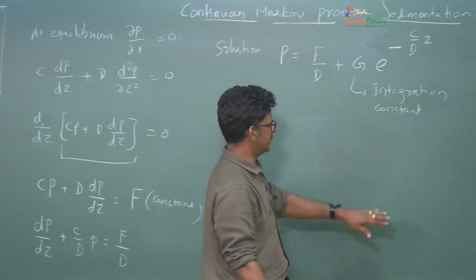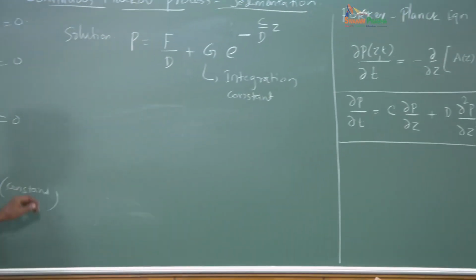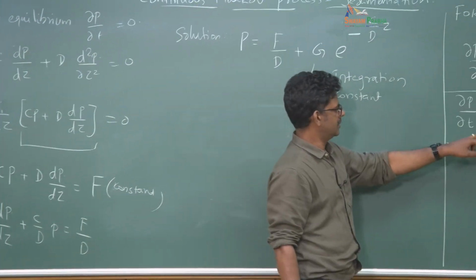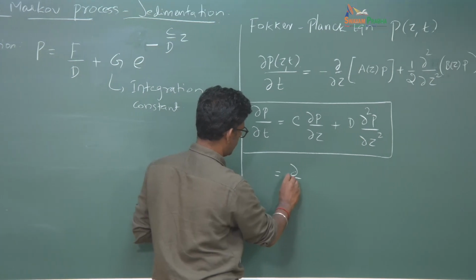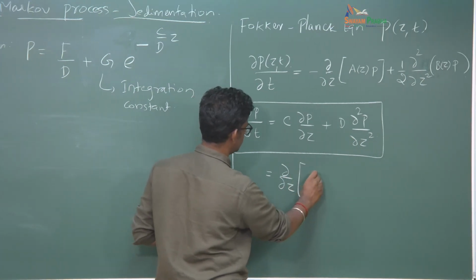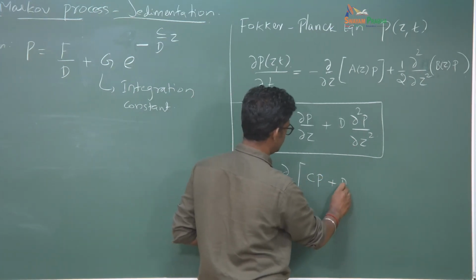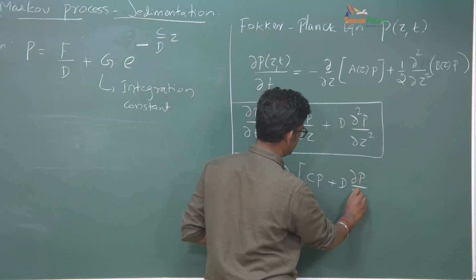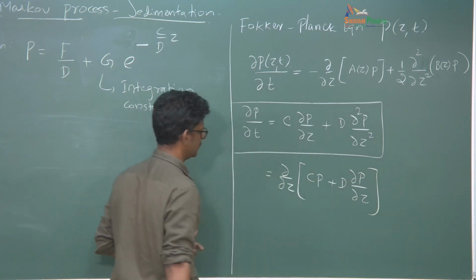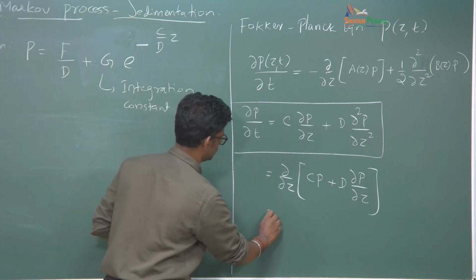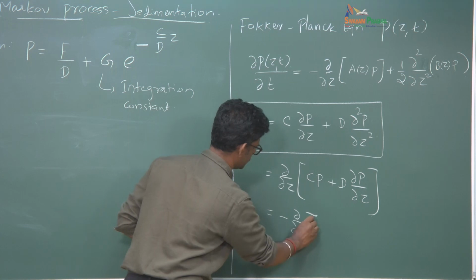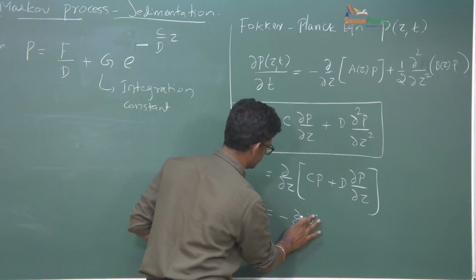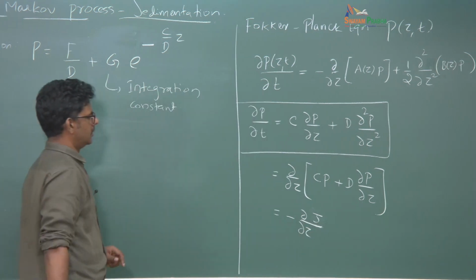So now remember that this is the equation that we are trying to solve, and we can also write it as ∂/∂z of Cp plus D ∂p/∂z.